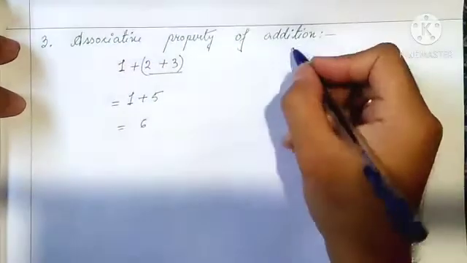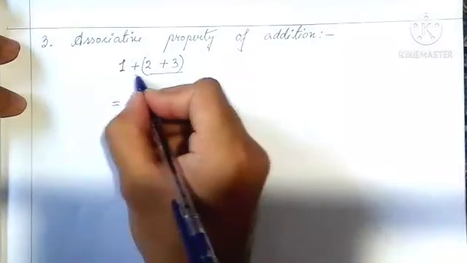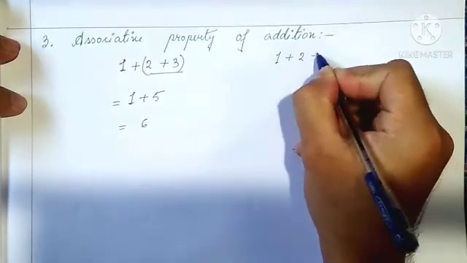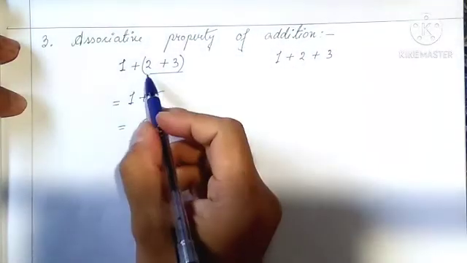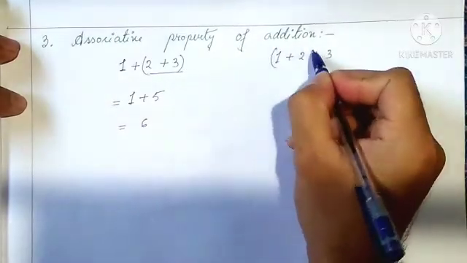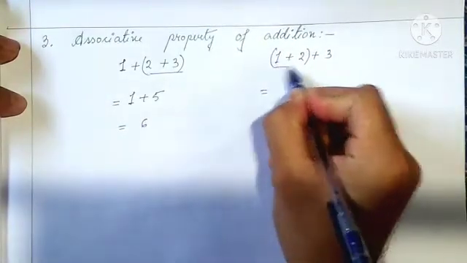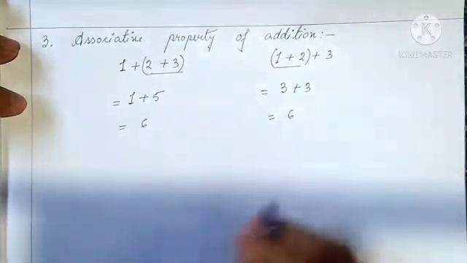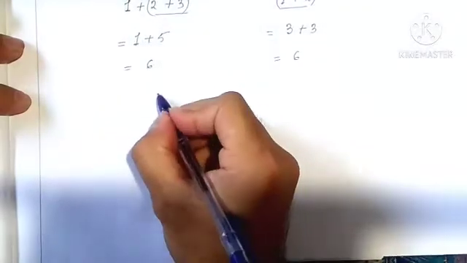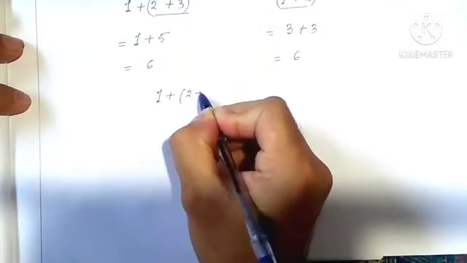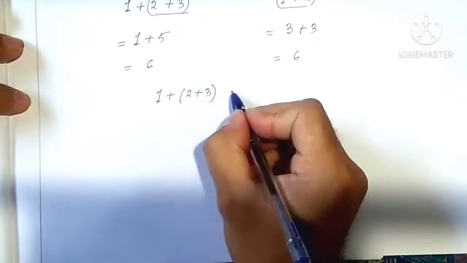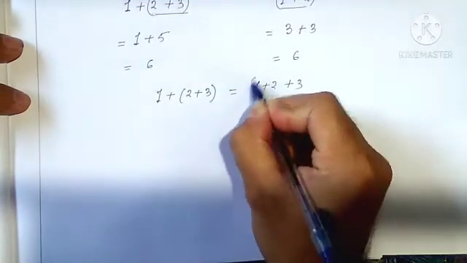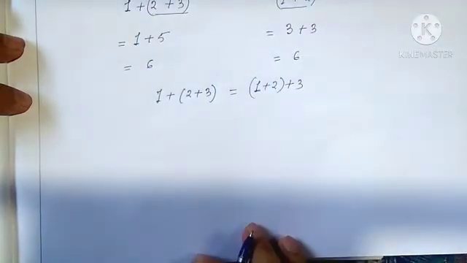On the next part, remember, we must take the same numbers. So 1 plus 2 plus 3, and here, instead of grouping 2 and 3 first, let us group 1 and 2 first. What is 1 plus 2? 3. And 3 plus 3 is obviously 6, right? So the result of 1 plus the grouping of 2 and 3 remains the same as the grouping of 1 and 2 first, plus 3.